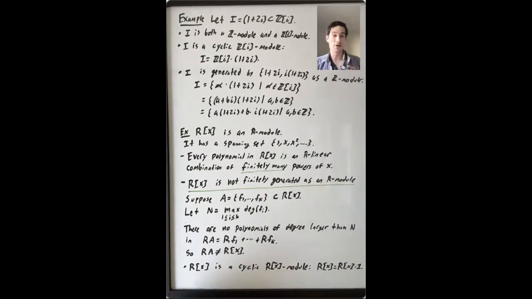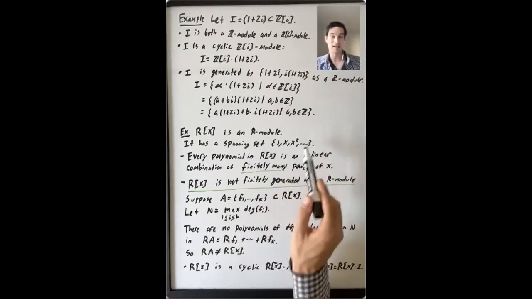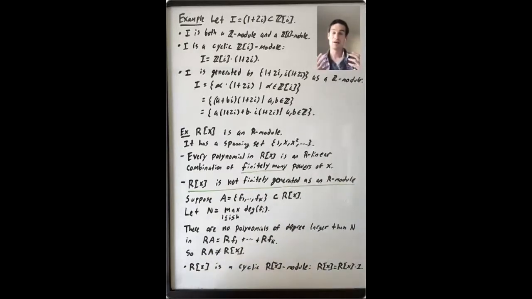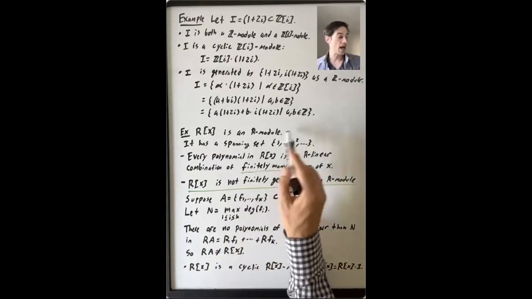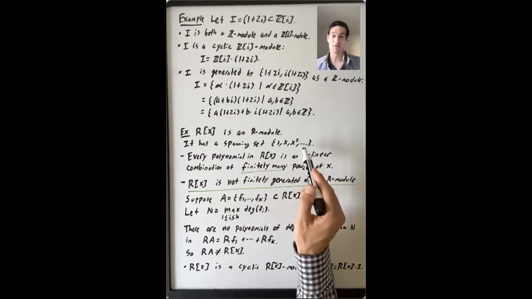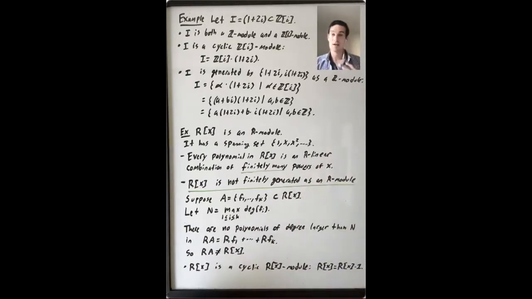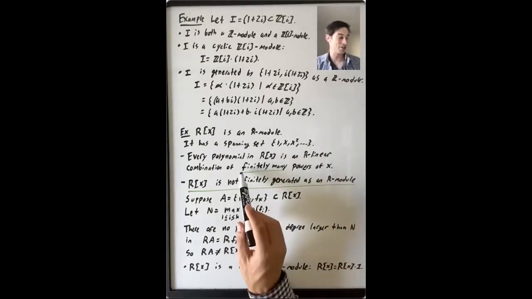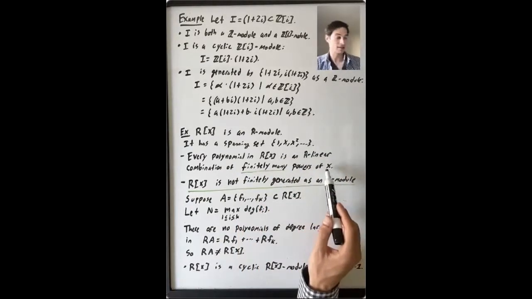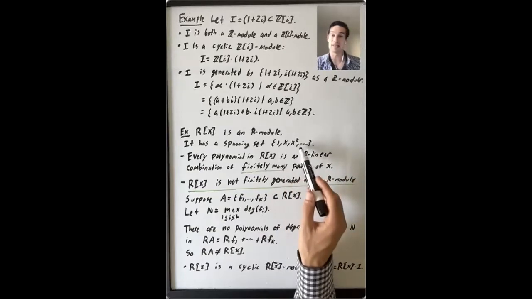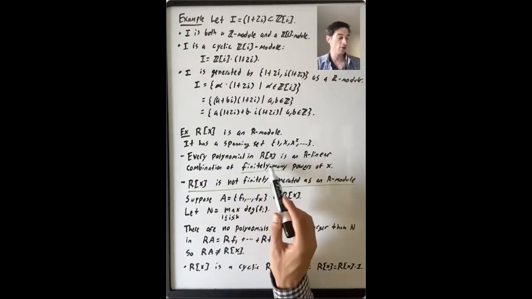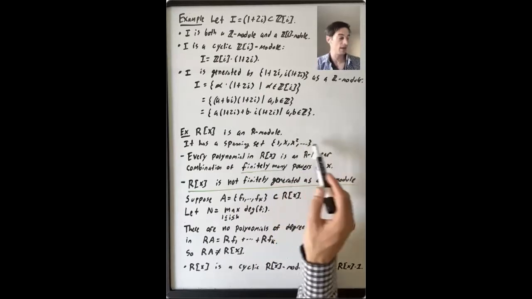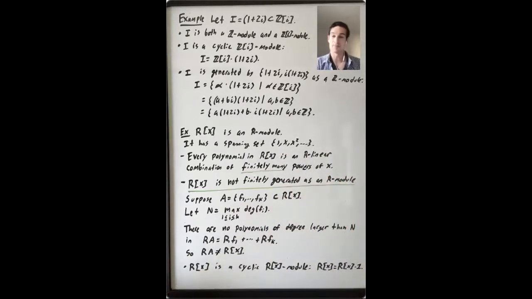So you have to be careful when you have an infinite spanning set, because you're looking at the set of R linear combinations of finitely many of this infinite set of elements. But here it's okay, because every polynomial in R adjoin X is an R linear combination of finitely many powers of X. There are infinitely many powers of X in this spanning set, but every polynomial can be written as a finite linear combination of this infinite set.